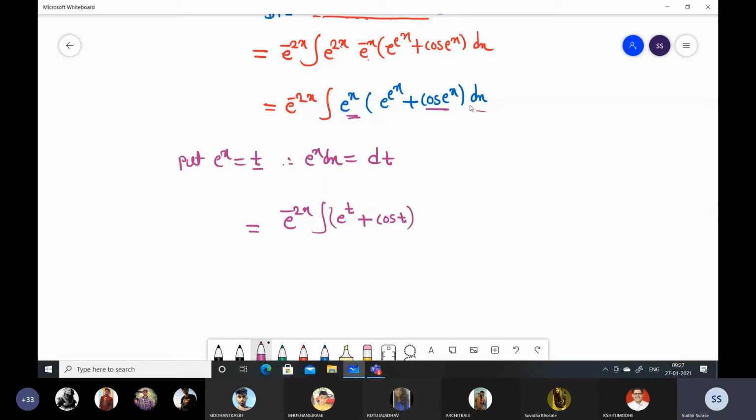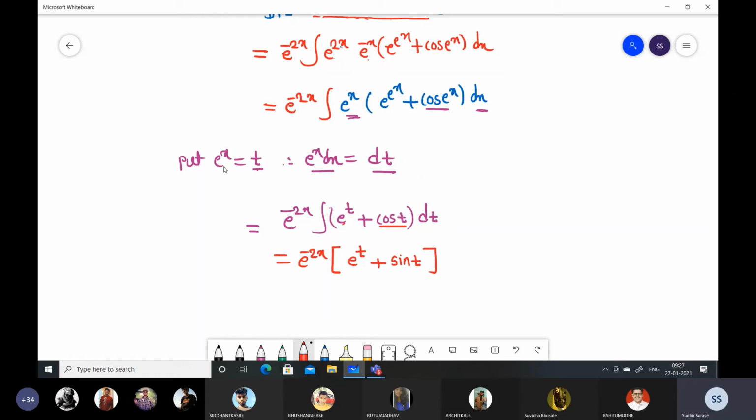And e to the power x into dx is nothing but dt. Now solve this. So this will be e to the power negative 2x outside, and inside the integration of e to the power t with respect to t is e to the power t, and the integration of cos t is sine t.